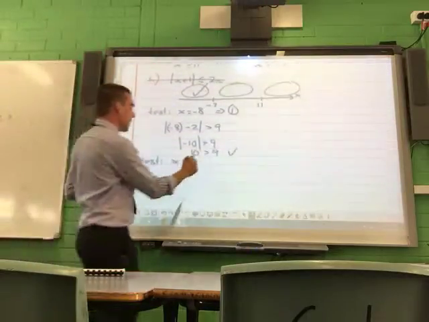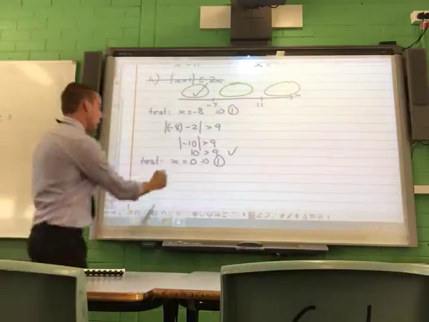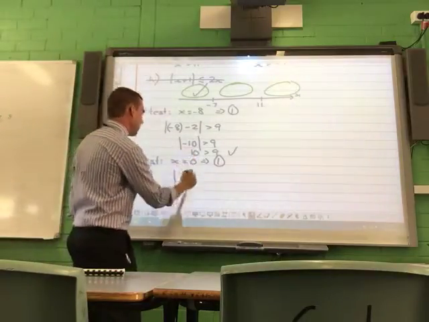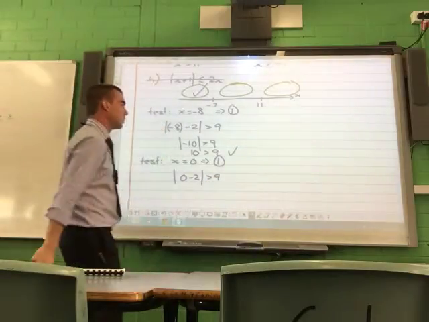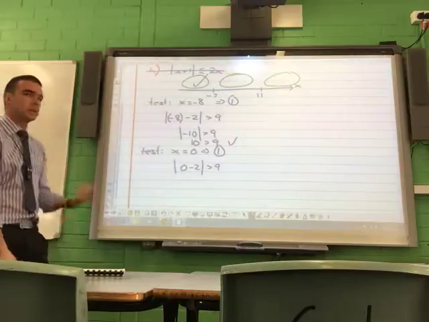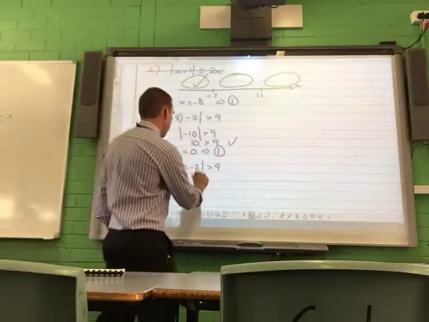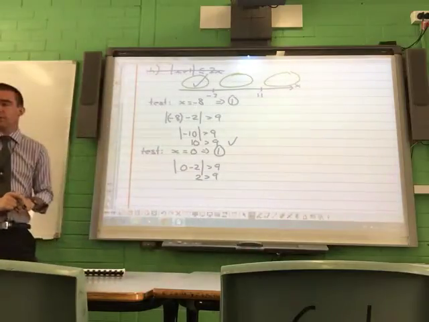Let's put that into equation 1. So the absolute value of 0 minus 2 is greater than 9. 0 minus 2 is -2, absolute value of -2 is 2. Is the number 2 greater than 9?